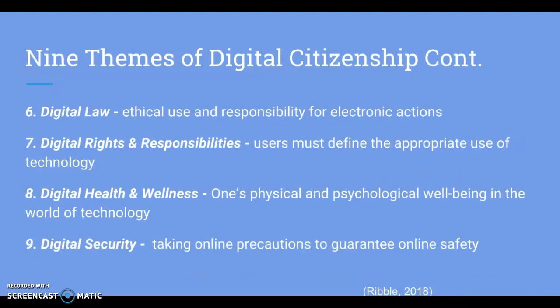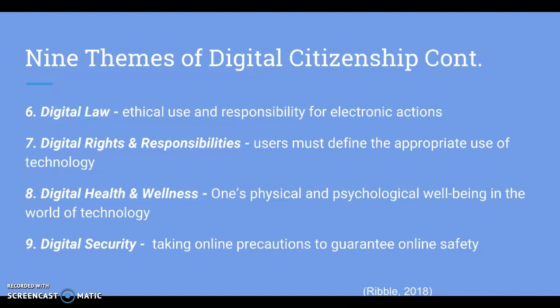And number 6 is digital law, which focuses on the ethical use and responsibility for actions electronically. And number 7 is digital rights and responsibilities, which focuses on users being able to define and know the appropriate use of technology.